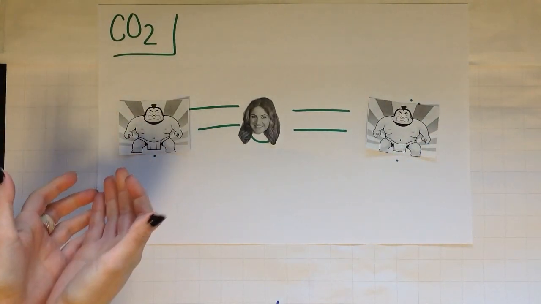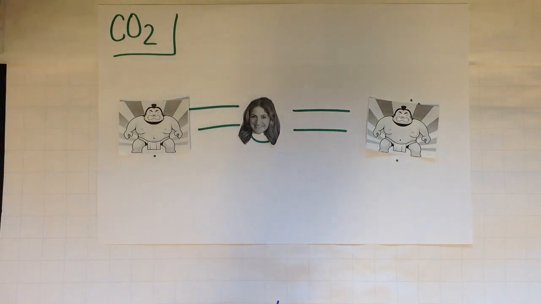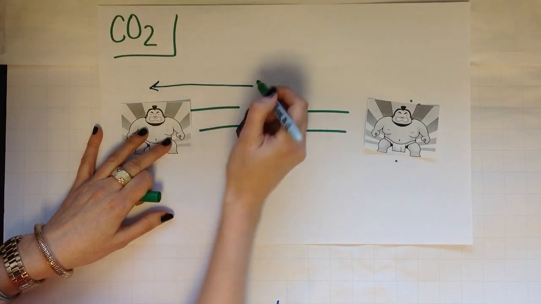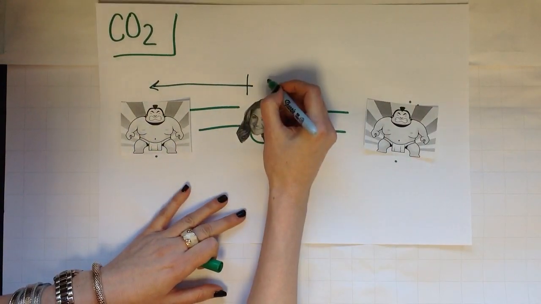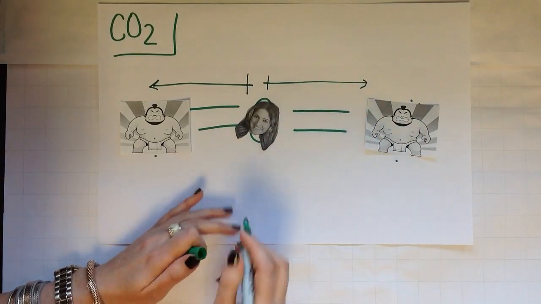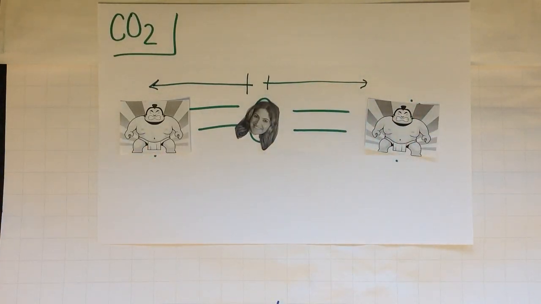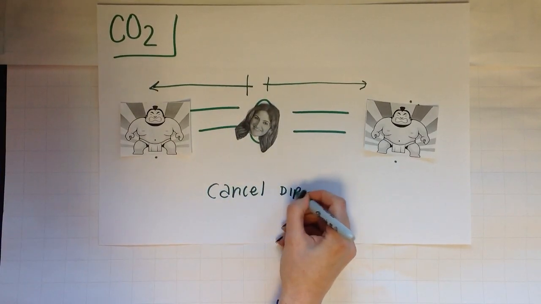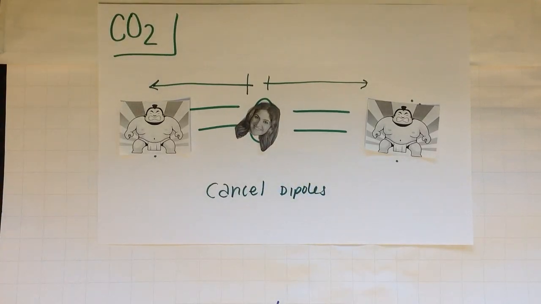Well, the sumo wrestler here and the sumo wrestler here have the exact same bodies, the exact same strength, so clearly they're going to hog the electrons away from me, and they're going to do this with the exact same strength. So what happens? Their dipoles are the exact same and pointing in opposite directions, so they cancel each other out.